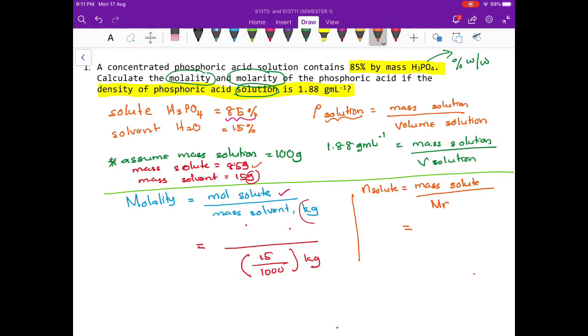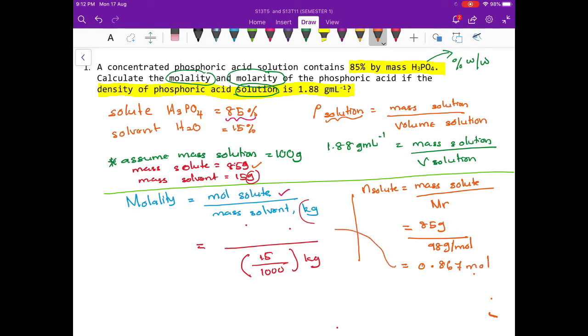This one, 85 gram, and the molar mass is 98. So we will get 0.867 mole.